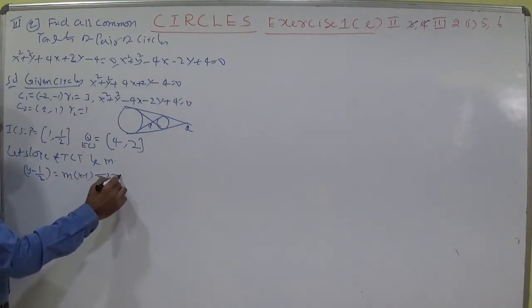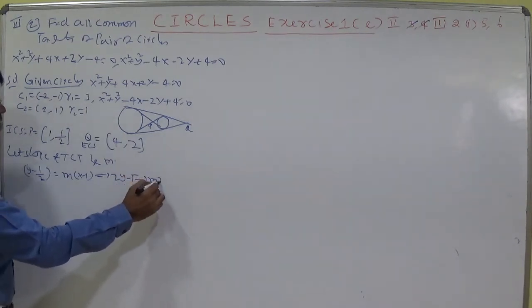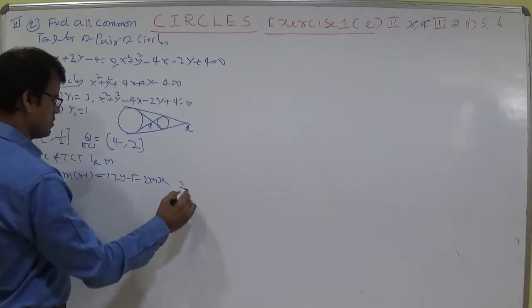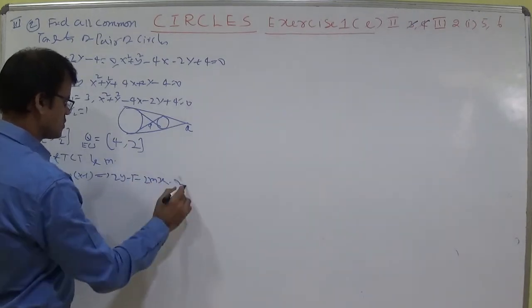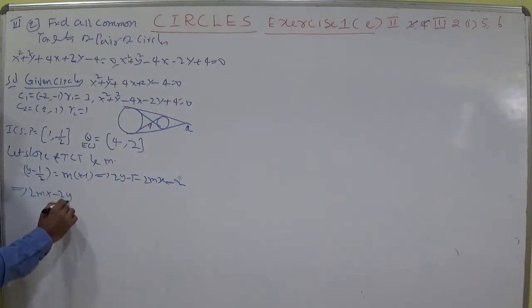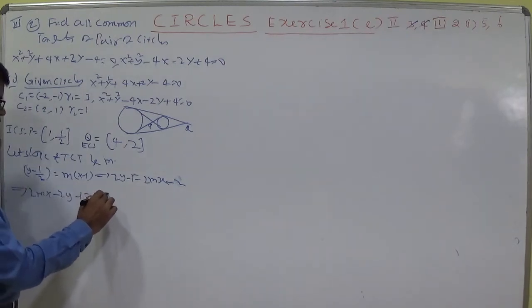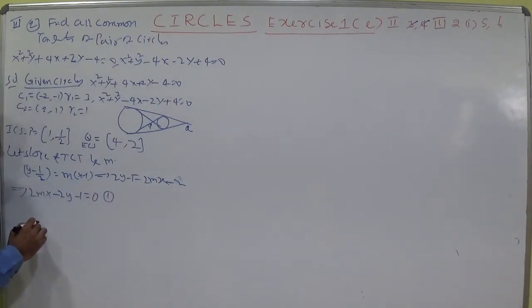So you can write 2y minus 1 is equal to 2mx minus 2, that implies 2mx minus y minus 1 equal to 0. Let this be the first equation.